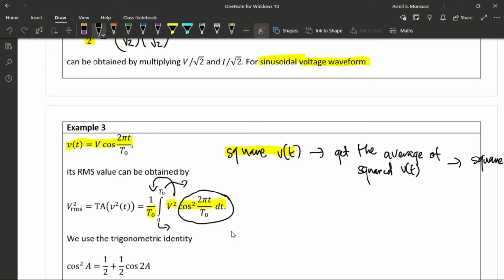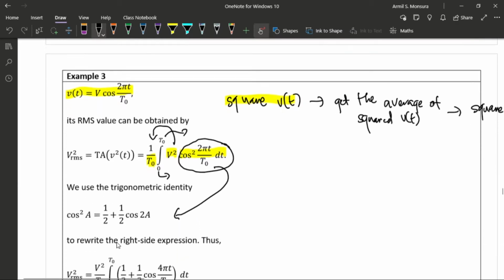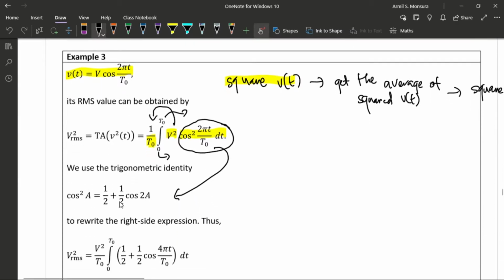Since this is cosine square of an angle, we will use this trigonometric identity so that we will convert this to a double angle formula. Using this, we will rewrite this integrand as 1/2 plus 1/2 cosine of 4 pi t over t0.